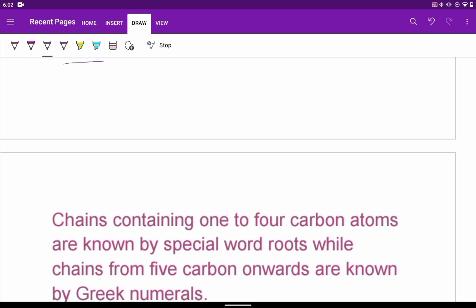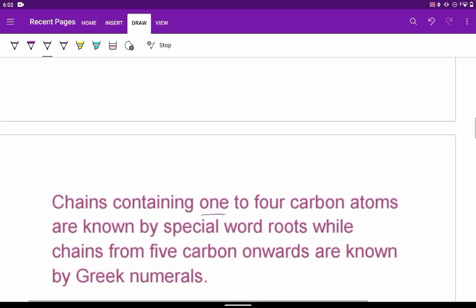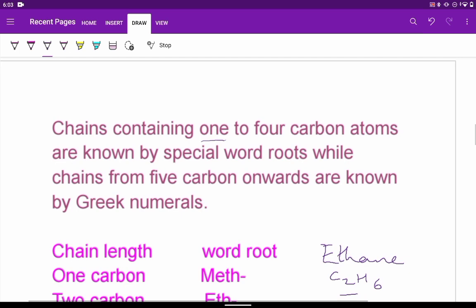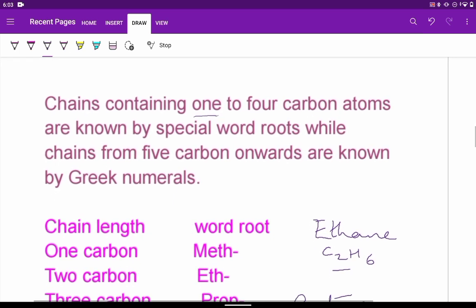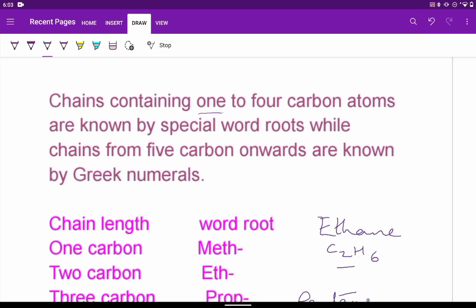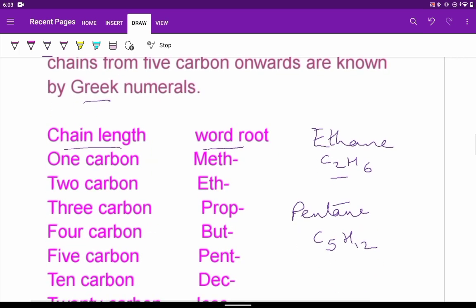If the chain has 1 to 4 carbon atoms, as in the case of methane, then we have special word roots for them. But from 5 carbon atoms onwards, they are known by the Greek numerals. From the chain length, we have specific word roots, as we can see in this table.